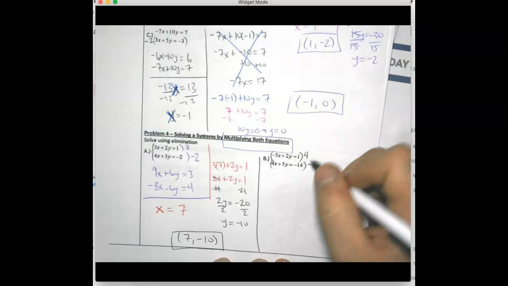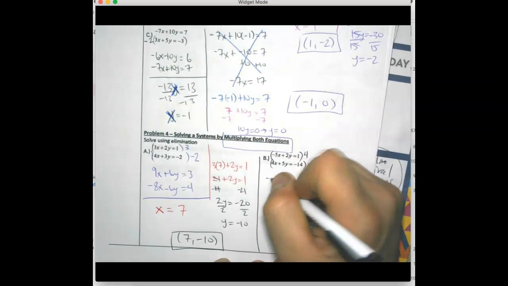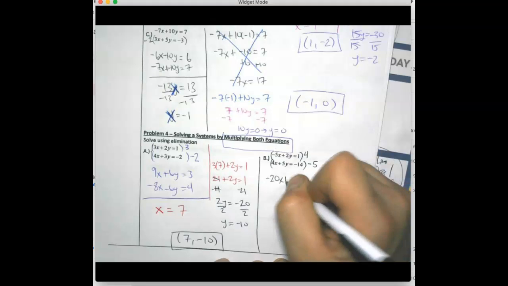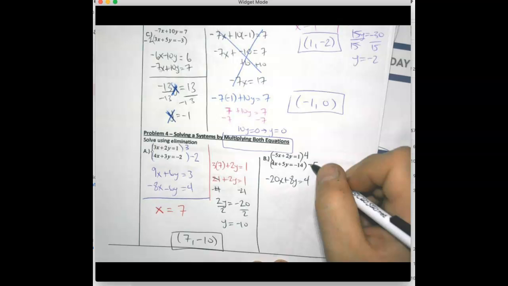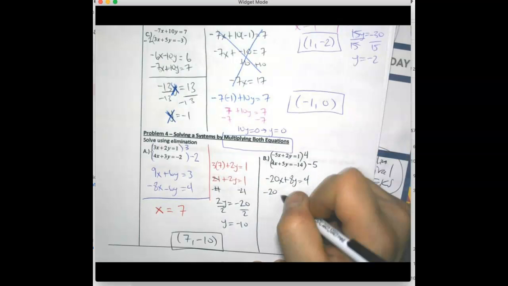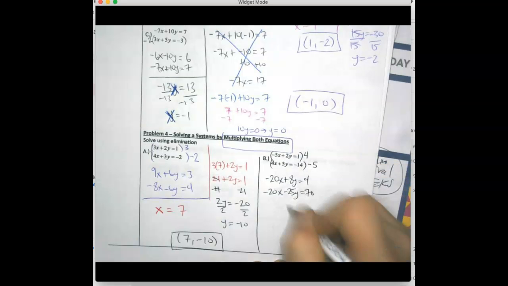So in doing this, let's see, 4 times negative 5, 4 times 2, 4 times 1, and then negative 5 times 4, negative 5 times 5, and negative 5 times 14 is 70.